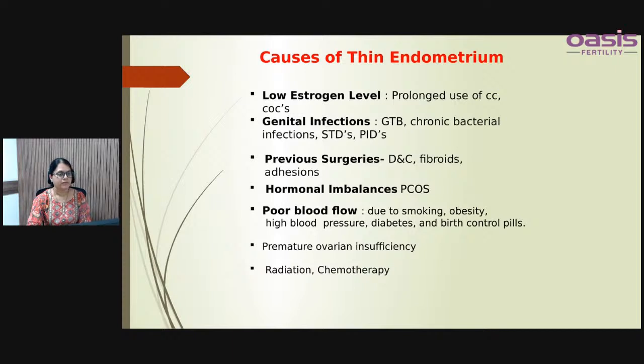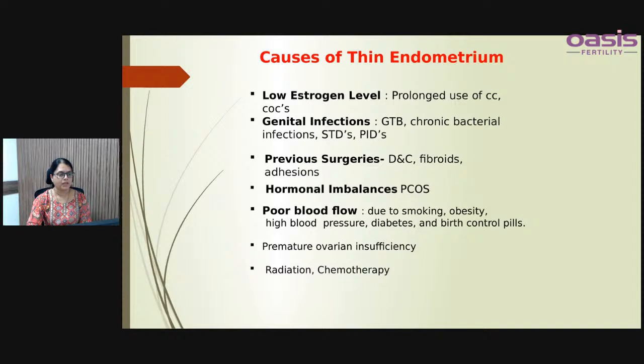Then genital infections like genital tuberculosis, chronic bacterial infections, sexually transmitted diseases, and pelvic inflammatory diseases. These are all causes of thin endometrium, and sometimes cause scarring in the endometrium.